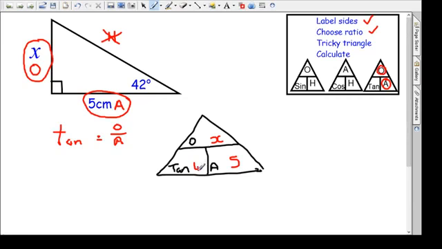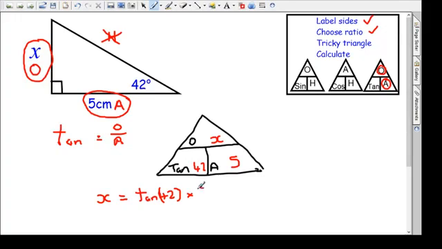So that's tan 42. The reason I do this is because it tells me whether to do a times or a divide. Because I am working across my tricky triangle, the x is that times that.